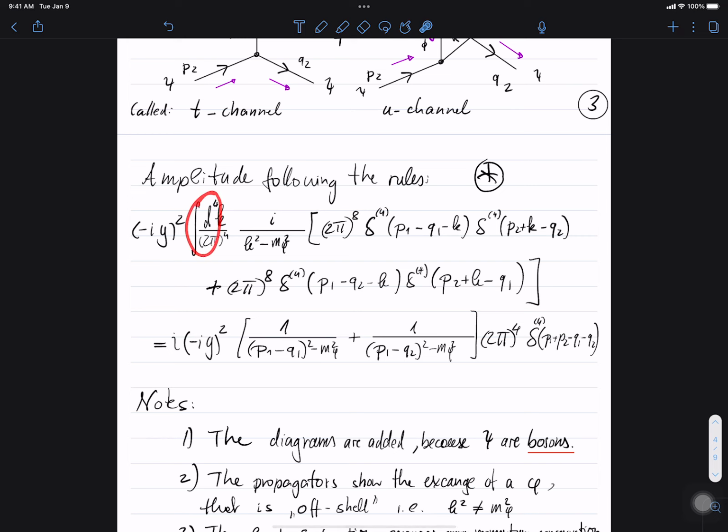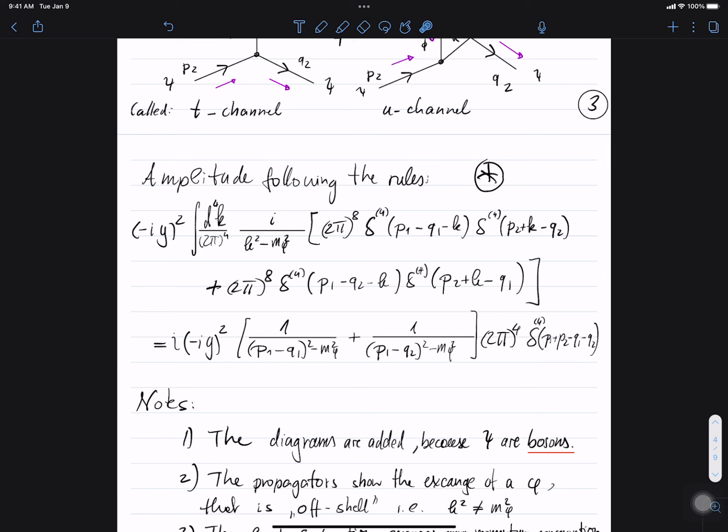After we perform one of these integrals, setting k equal to, for example, p1 minus q1 in this diagram, we can just insert it right here. And then here we set k equal to p1 minus q2 and insert it into this diagram.